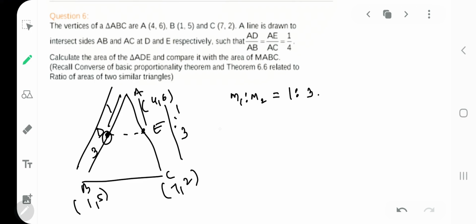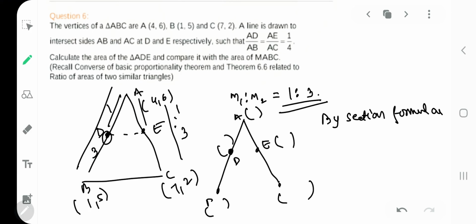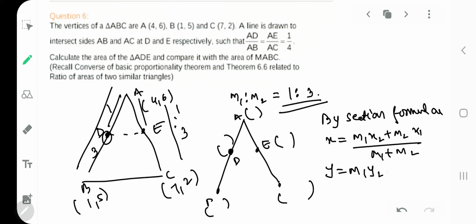तो आप क्या कर सकते हैं, that AB is given to you and D point coordinates आपको फाइंड करने होंगे. ऑब्वियसली आगे जाके आपको D के कोऑर्डिनेट्स लगेंगे, एंड सिमिलरली E के कोऑर्डिनेट्स लगेंगे. आपके पास A, B, C के कोऑर्डिनेट्स हैं और रेशियो आपके पास है. सो बाय सेक्शन फॉर्मूला विच आई हैव गिवन यू, यू कैन फाइंड द कोऑर्डिनेट्स ऑफ D एंड E. x कोऑर्डिनेट फाइंड करने के लिए (m1 x2 + m2 x1) upon (m1 + m2). सिमिलरली y फाइंड करने के लिए (m1 y2 + m2 y1) upon (m1 + m2).